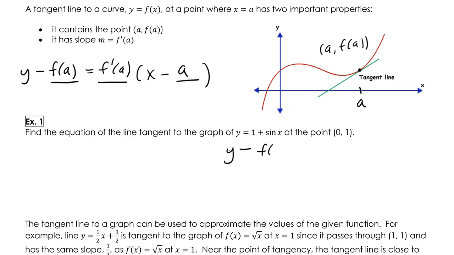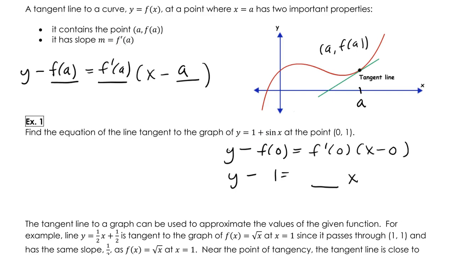So y minus the output equals the slope at 0, and then x minus 0. Well, we know f of 0 is 1 because they told us that right here. The only thing I don't know is the slope, so I'll get back to that, and x minus 0 is x. Well, remember what we said up here, that the slope is the derivative at that point, so let's find this derivative.